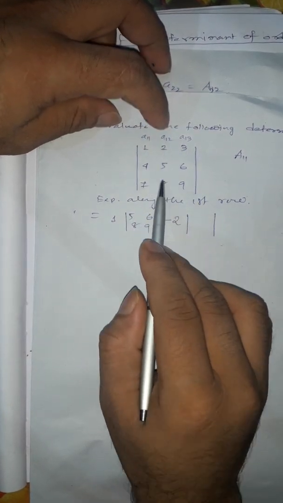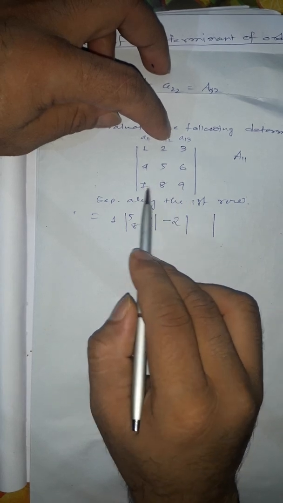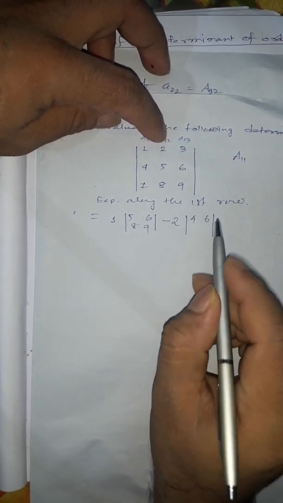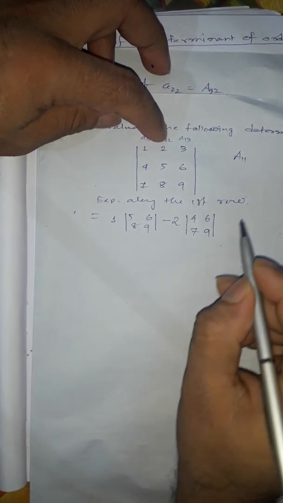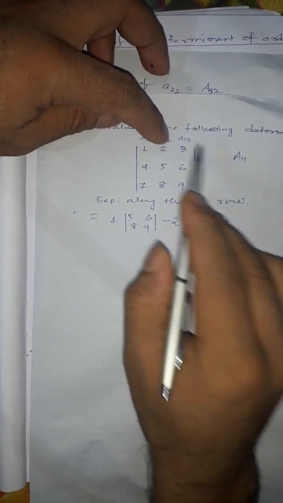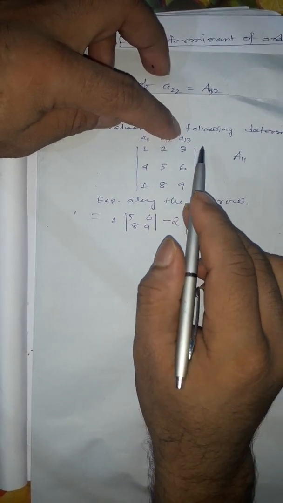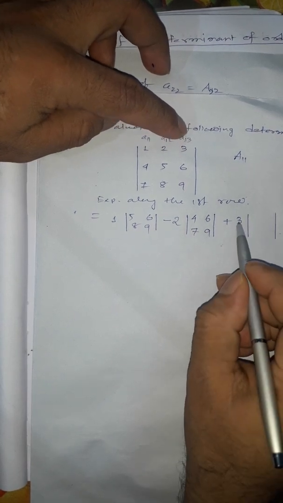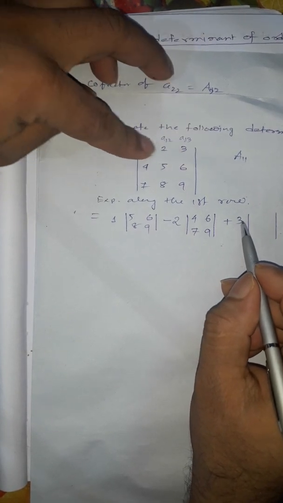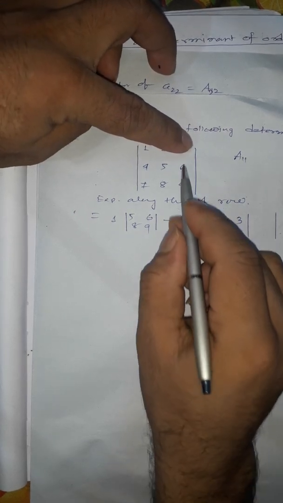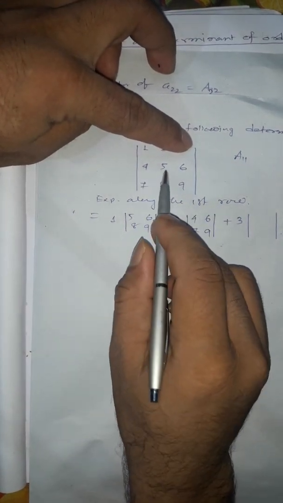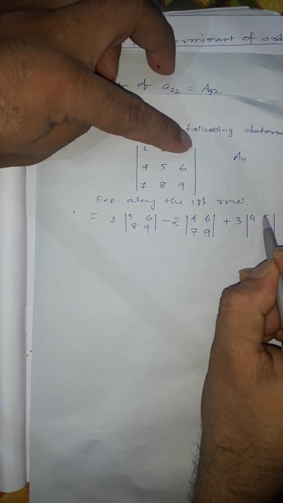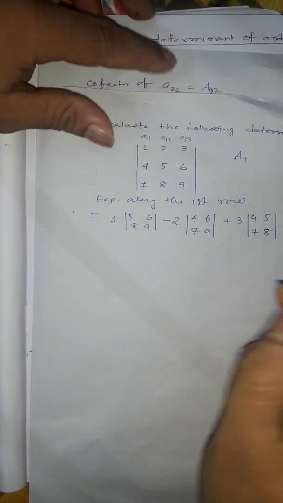Delete this row and this column: 4, 6, 7, 9. Plus, the sign will be plus because 1 plus 3 is 4, even, into the minor of 3. Delete this row and the third column: 4, 5, 7, 8.